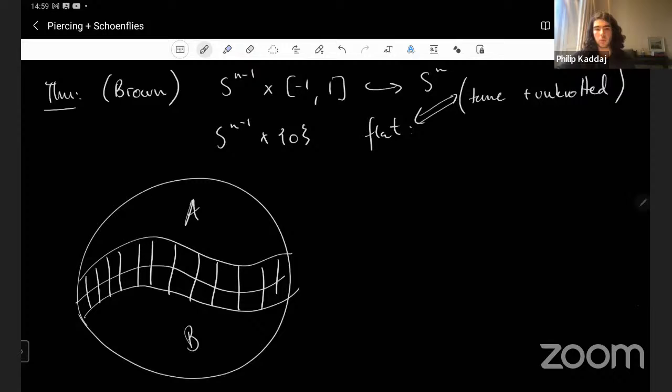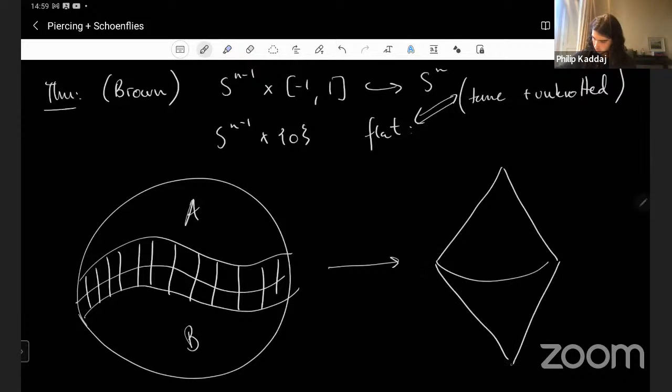Okay, so well, we know that we have two components, A and B, and the idea is to realize them as the unique inverse sets. So they'll be cellular. So consider the quotient.